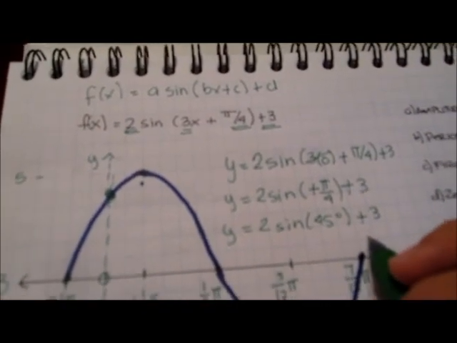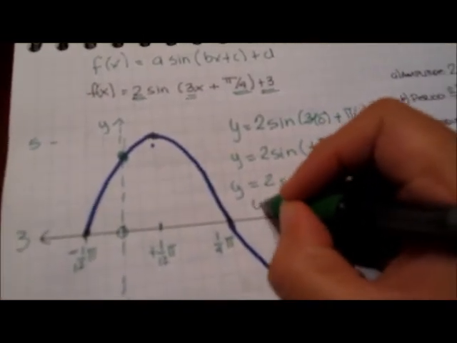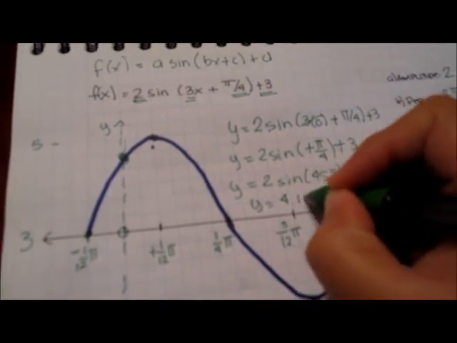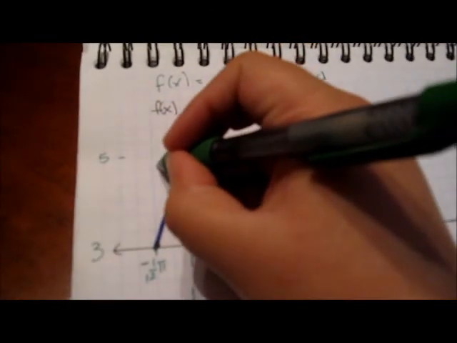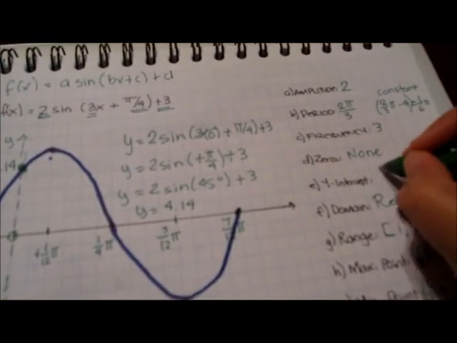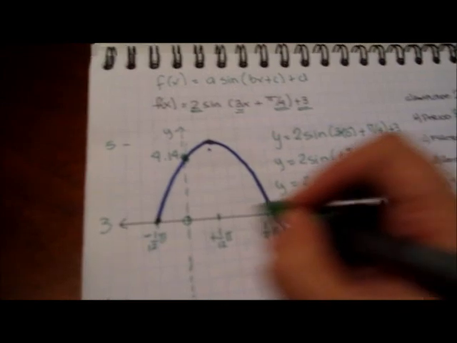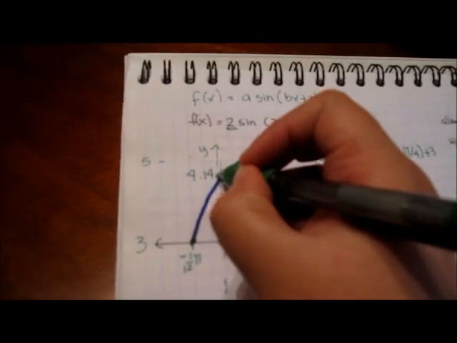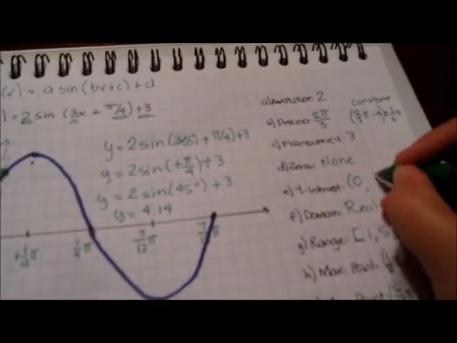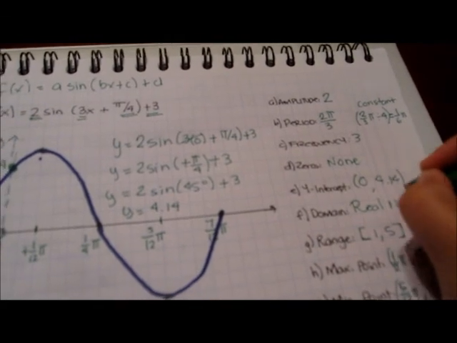And your answer is 4.14. And yes, now you're able to fill this information. When x equals 0, my y equals 4.14. And we finish.